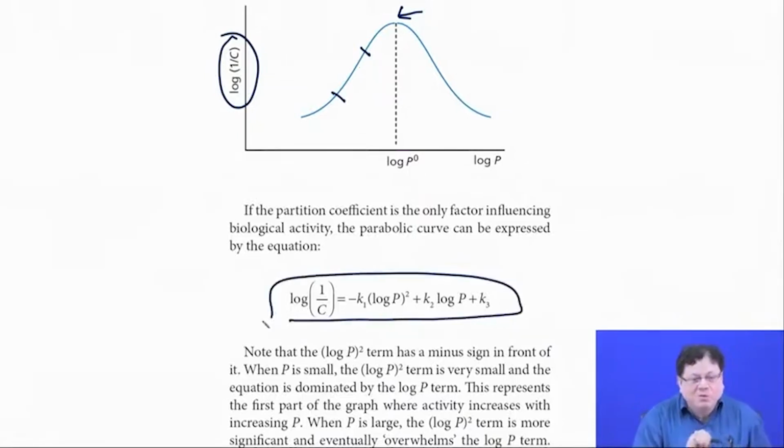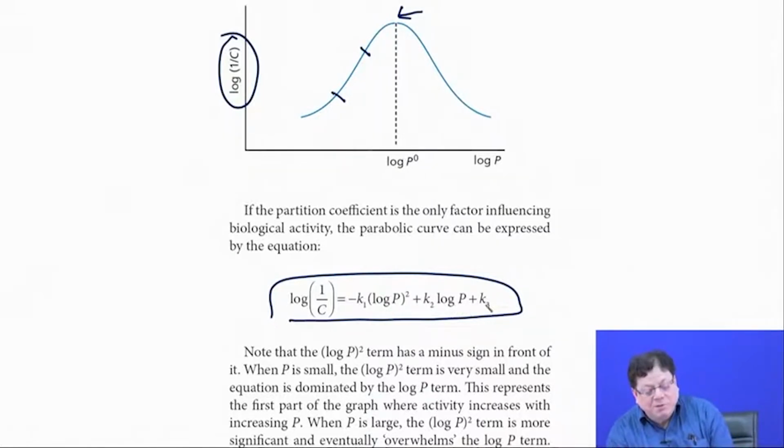Earlier it was log 1 by C equal to k 1 log p plus some k 2. Now they put another term, minus k 1 log p square. This can actually explain this type of curve, because the log p square term has a minus sign in front of it.